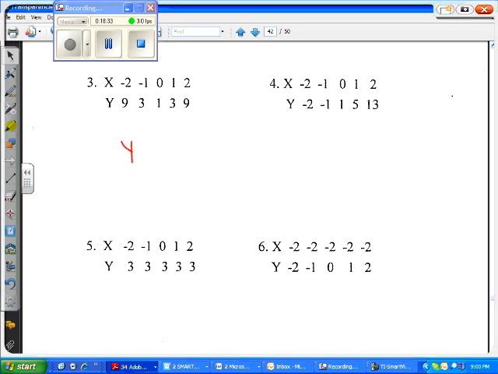If you have something like this, y equal 3 times open x minus 4 quantity squared plus 6.